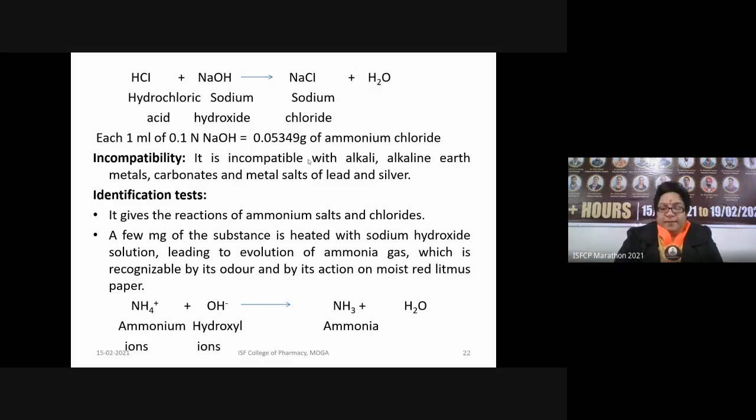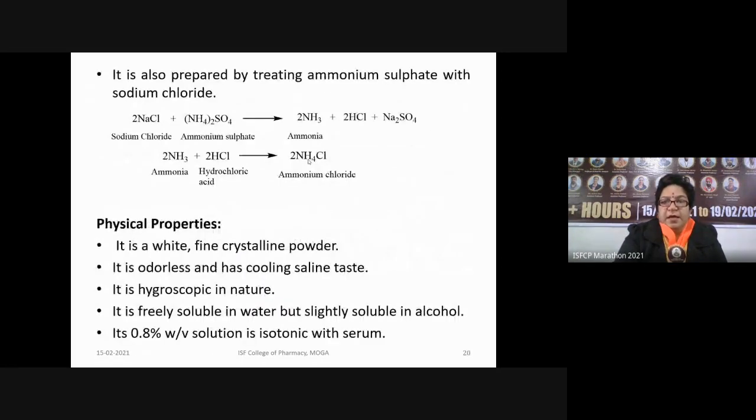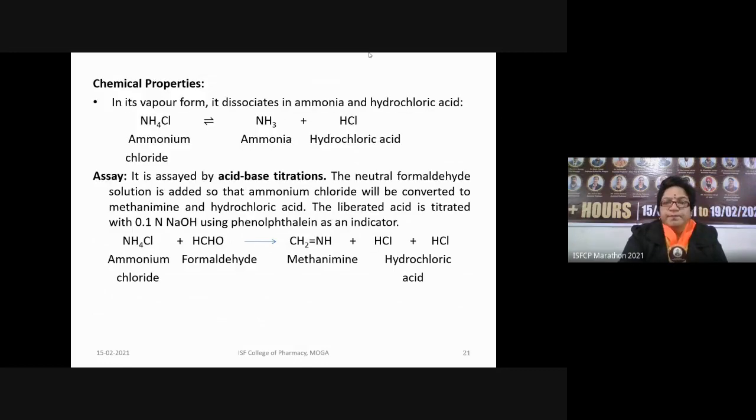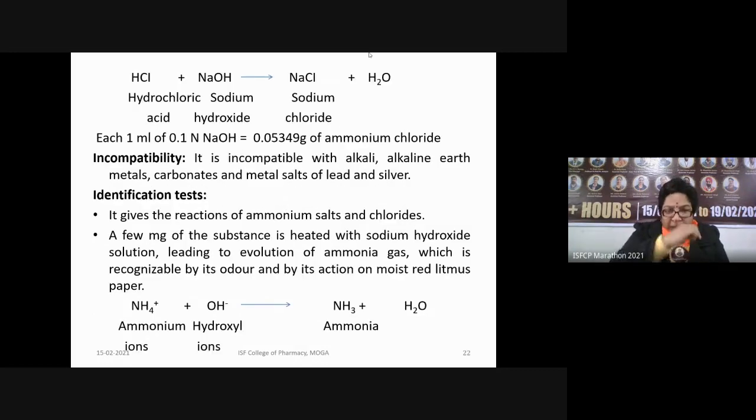If I go to my previous slide, it is available as NH4Cl, NH4 plus and Cl minus. Overall, it is neutral. So, a few milligram of this substance, that is why I have mentioned here that it gives the reactions of ammonium salts as well as the chlorides.